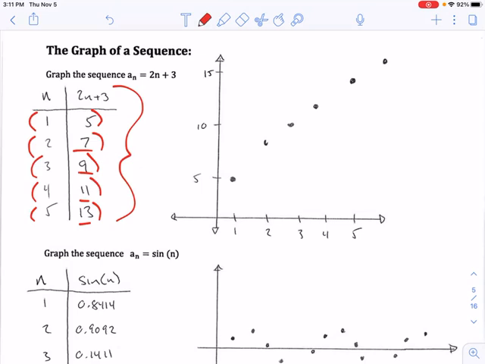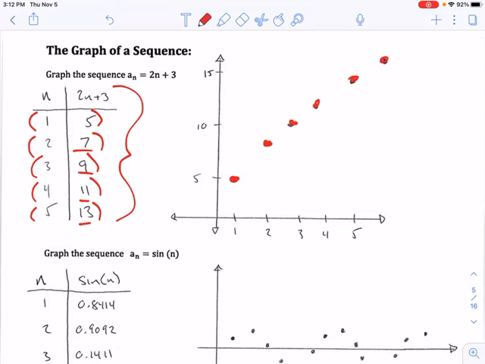So in other words, the graph of a sequence is not continuous. It is what we call discrete. It is a discrete function, which means it is simply a set of points and is not continuous between those points. So when we plot the points, like here's the point (1, 5), and then there's my next point, I'm just approximating where these points would be.